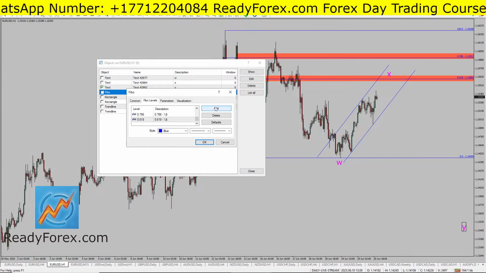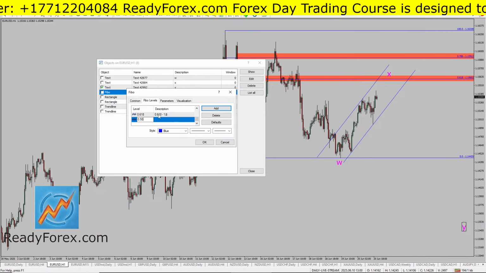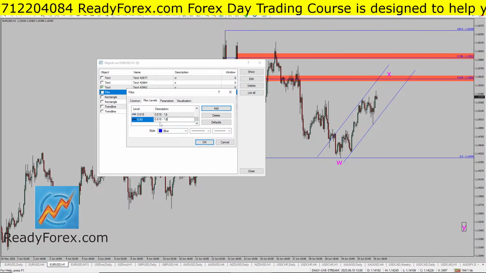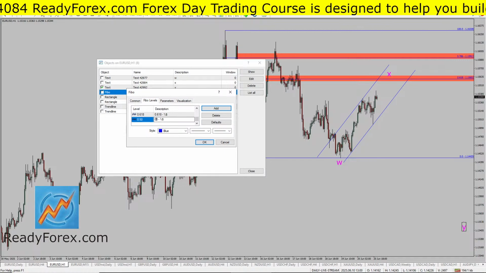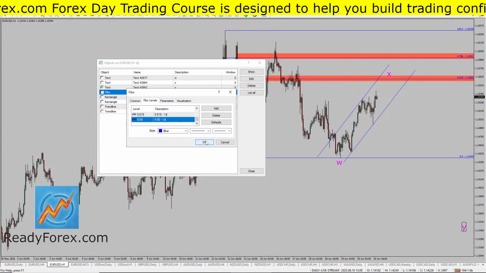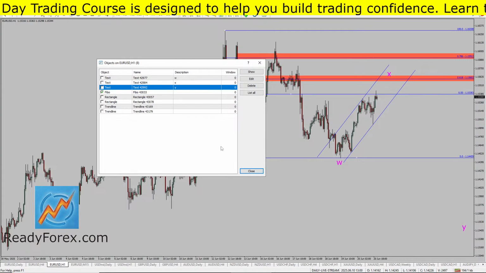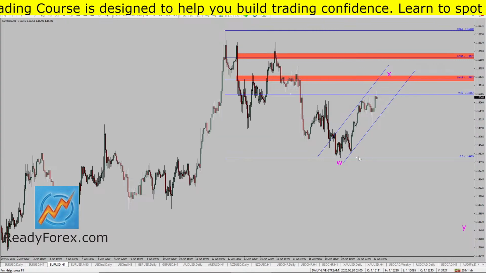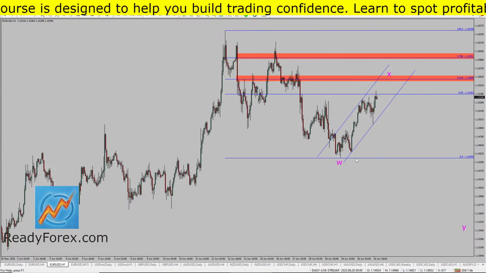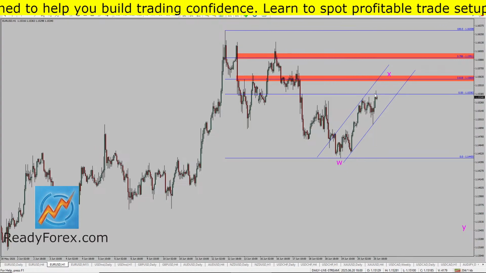Now let me add the 0.50, the 0.5 Fibonacci retracement level, and you can see right now the price level right over here at 1.1530.